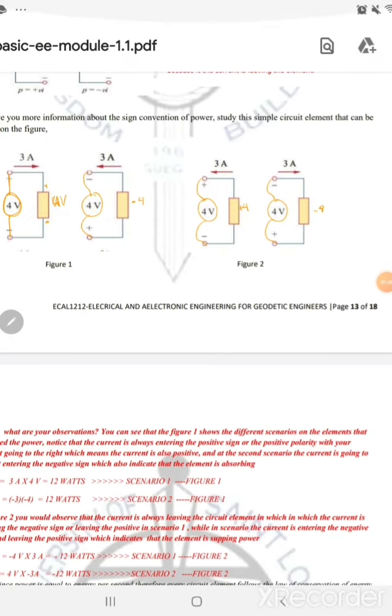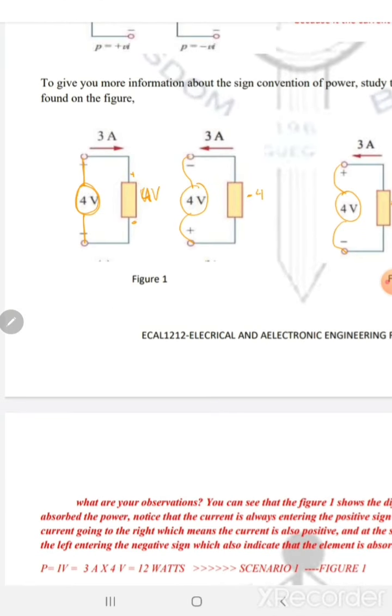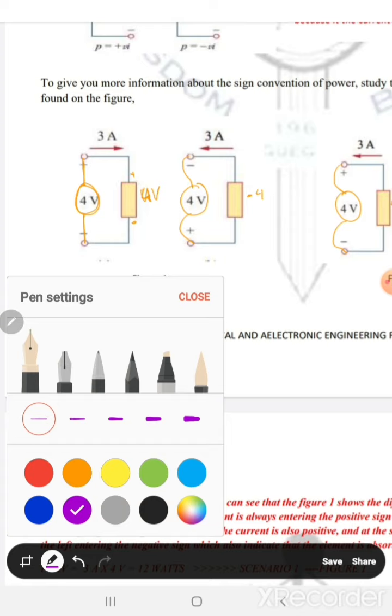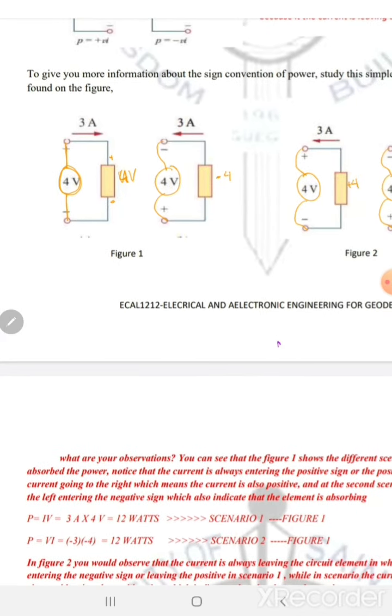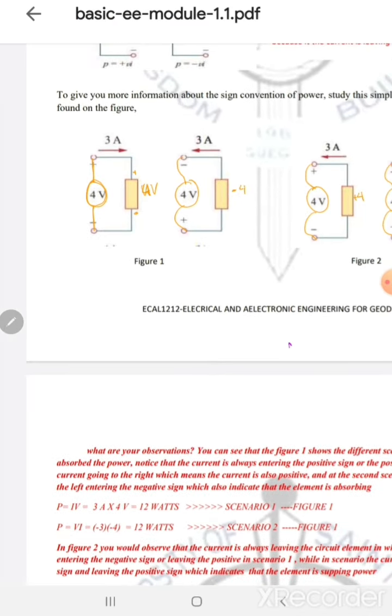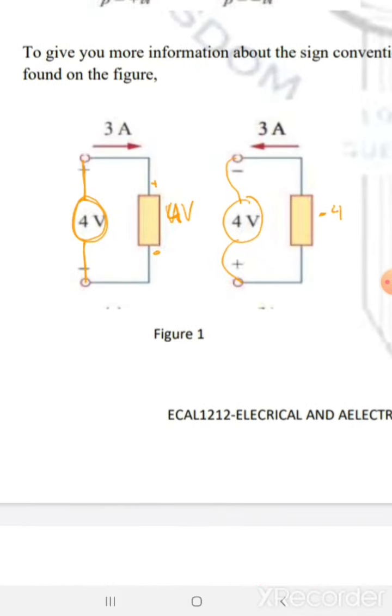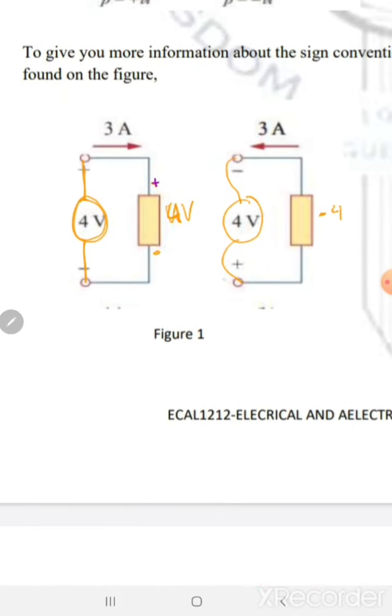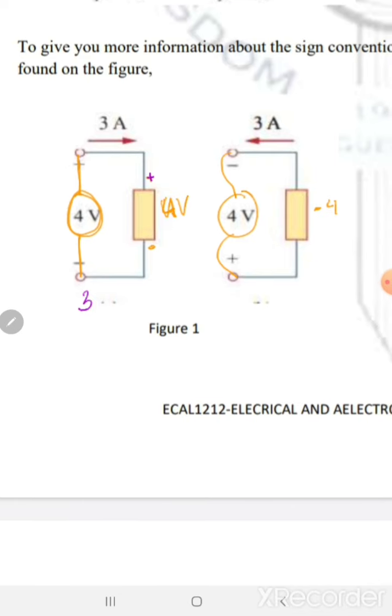Okay, so what is the power of our terminal then? So if you assume that this will be your scenario 1, that this will be a voltage source, I may say that our observations will be, we have negative 3 entering the positive terminal of our 4 volts. So therefore, we have positive 3 ampere.